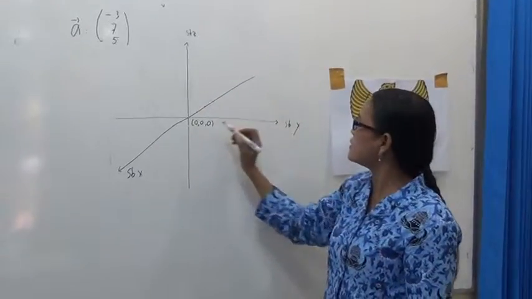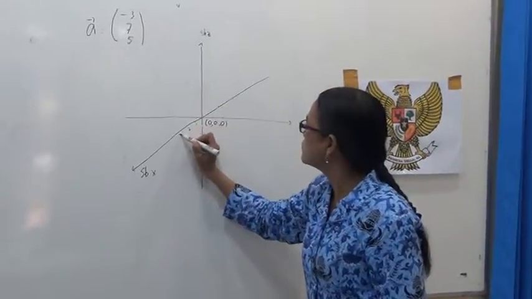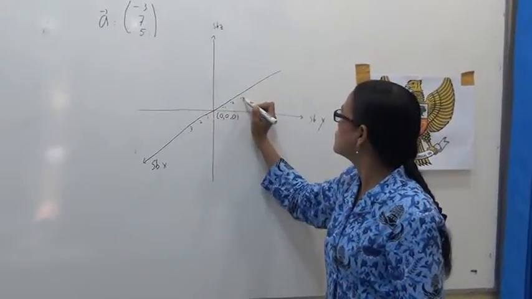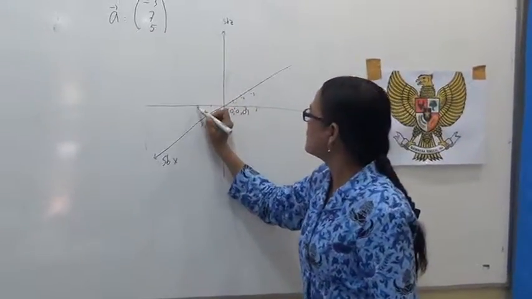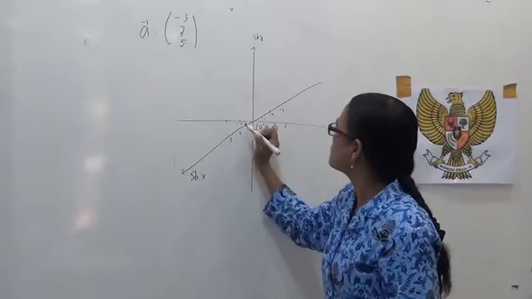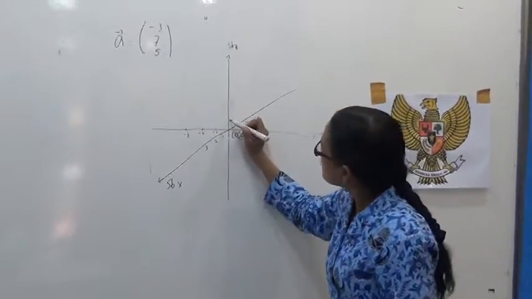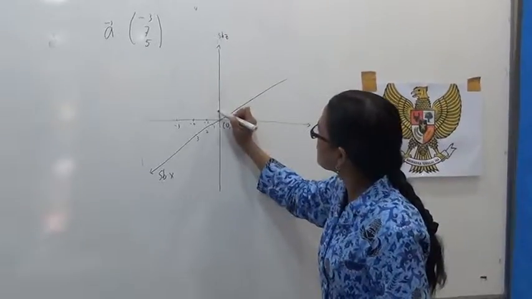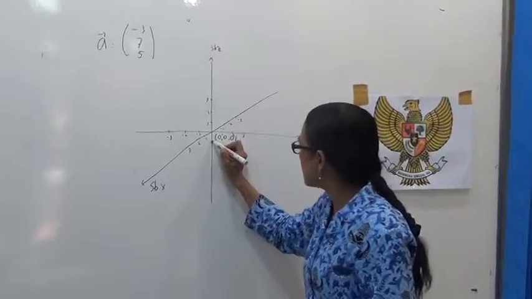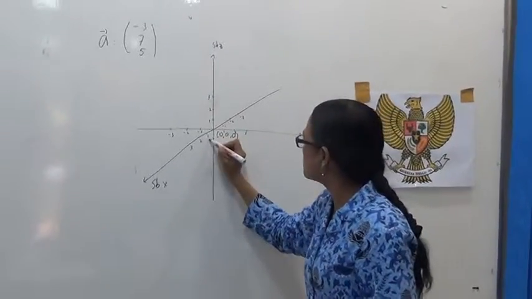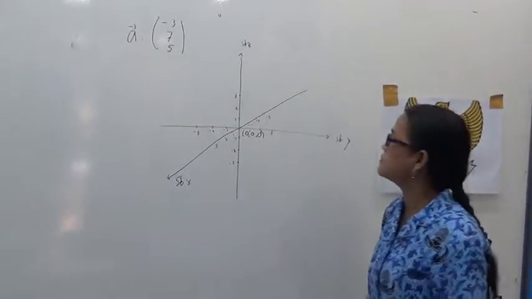On the Y-axis, going to the right is positive and going to the left is negative: -1, -2, -3 and so on. And up is positive, 1, 2, 3 and so on, and under is -1, -2 and -3 and so on.